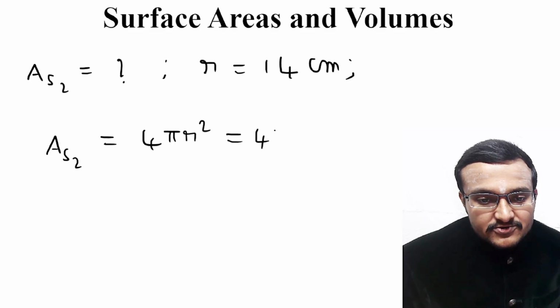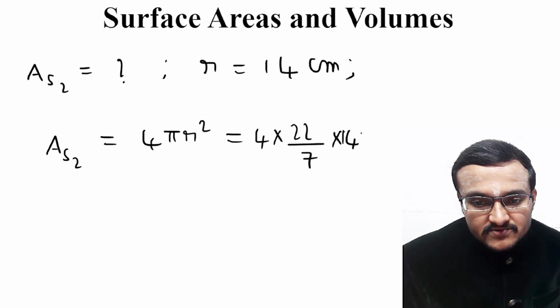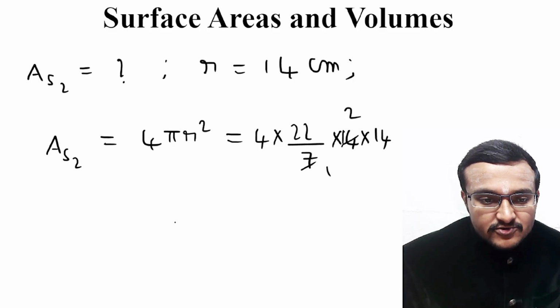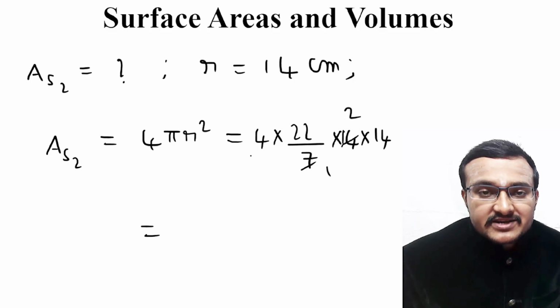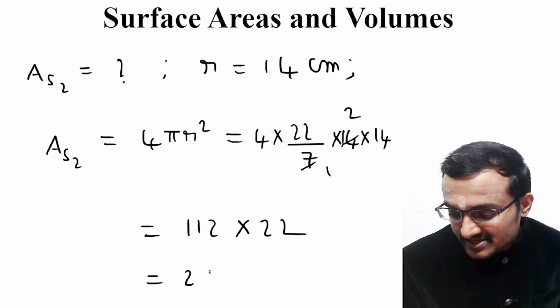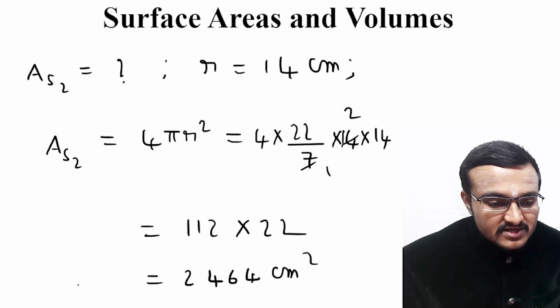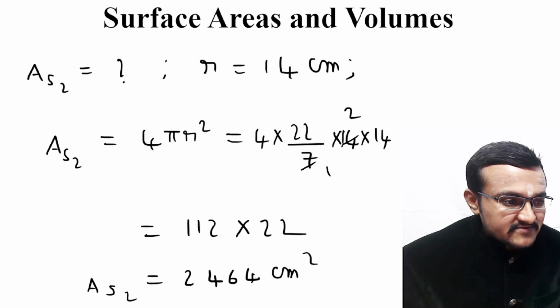So 4 into 22 by 7 into 14 square, that is 14 into 14. So 7 ones are 7, 7 twos are 14, 4 twos are 8. 14 into 8 is 112. So 112 into 22 is 2464 centimeter square. So this is the second surface area.